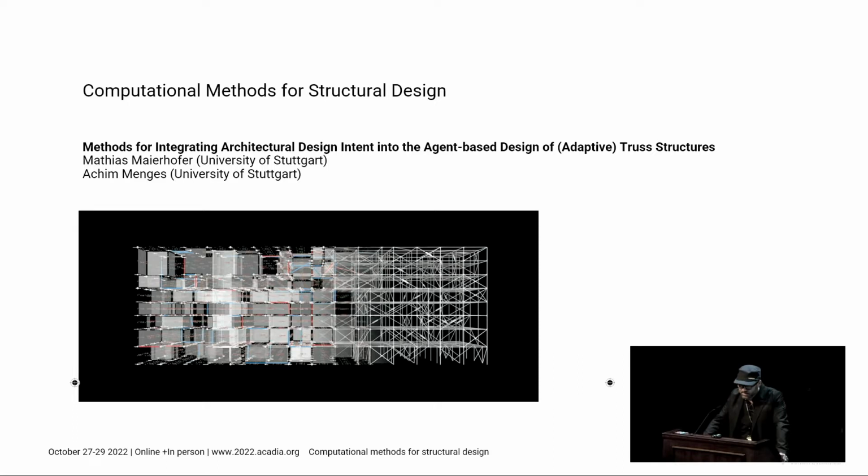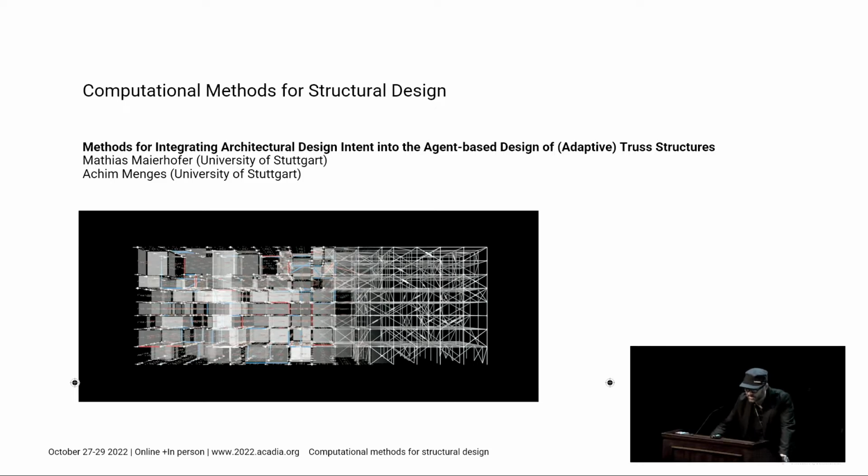Methods for integrating architectural design intent into the agent-based design of adaptive truss structures, by Matthias Maierhofer and Achim Menges. The authors of this second paper write that significant material savings can be achieved by providing load-bearing structures with the ability to actively adapt to forces and deformations.